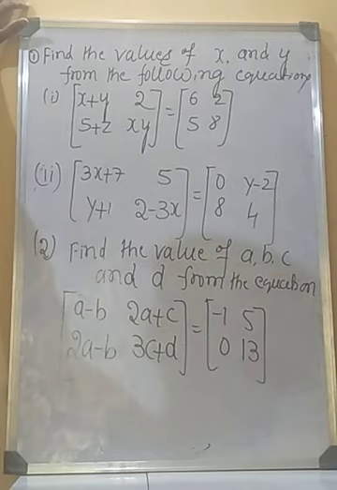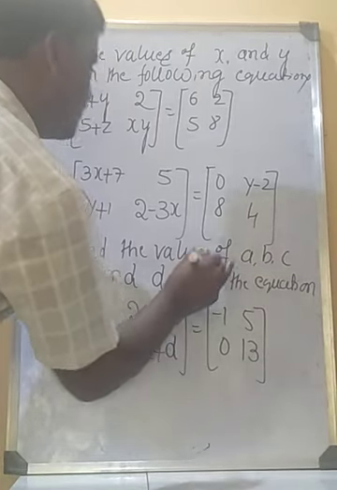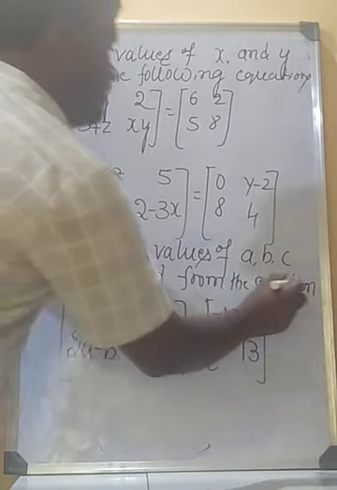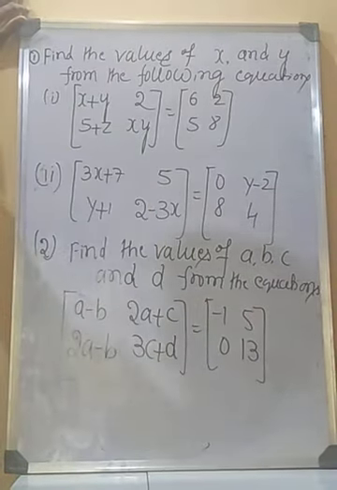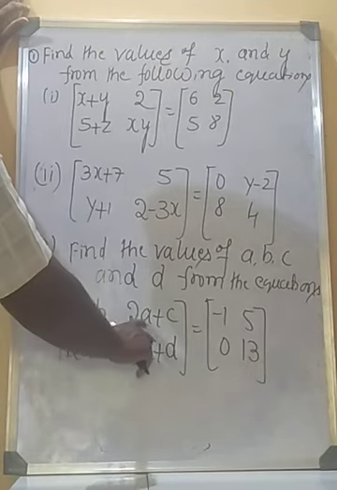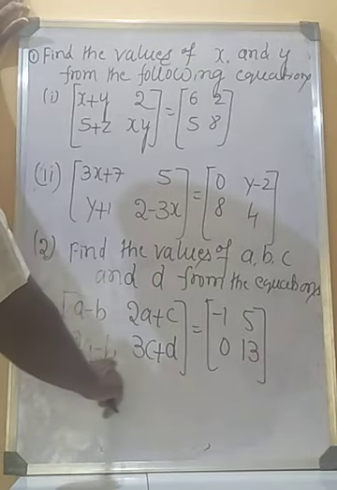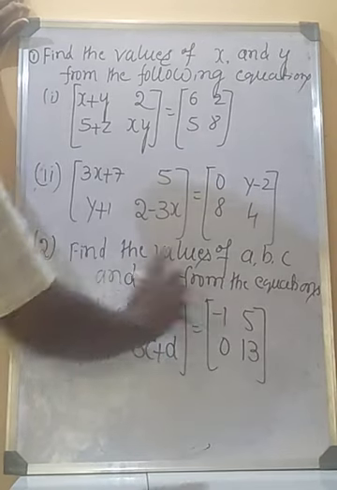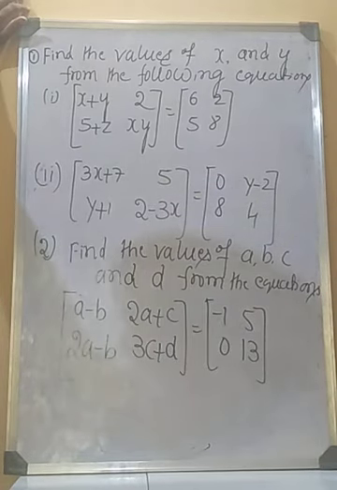Second problem: find the values of a, b, c and d from the equation [a minus b, 2a plus c; 2a minus b, 3c plus d] equals [minus 1, 5; 0, 13]. Take these two problems, no marks.